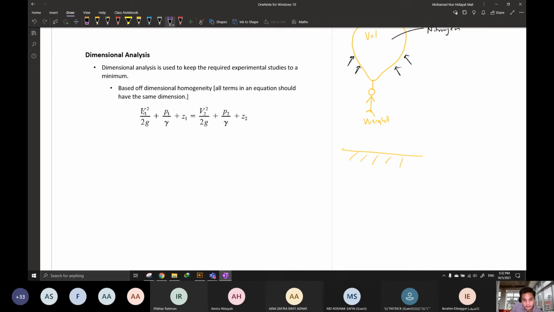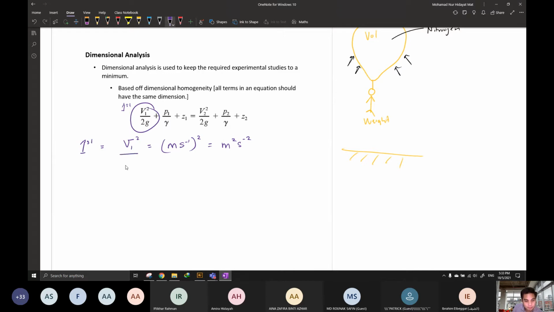Let's take a look at the first term, velocity 1 squared. What's the unit of velocity? That is meter per second, m s^-1. When it is squared, it is m^2 s^-2.